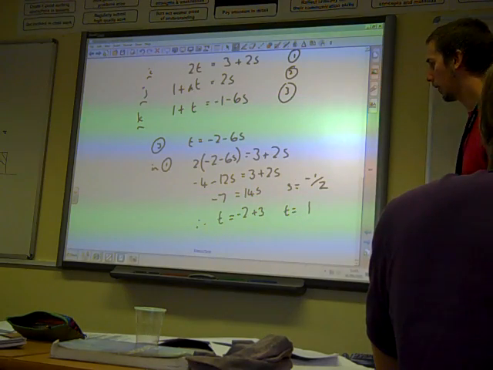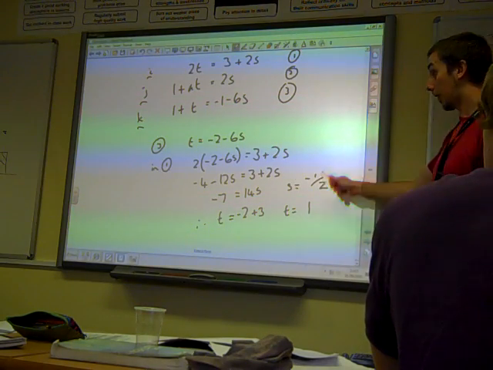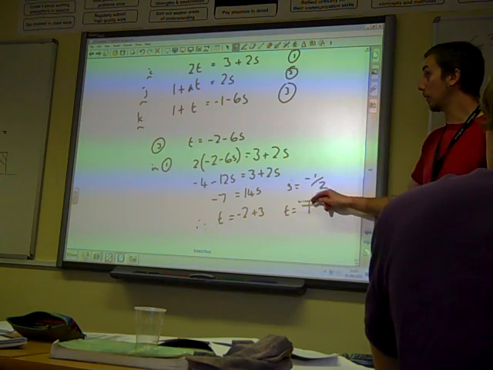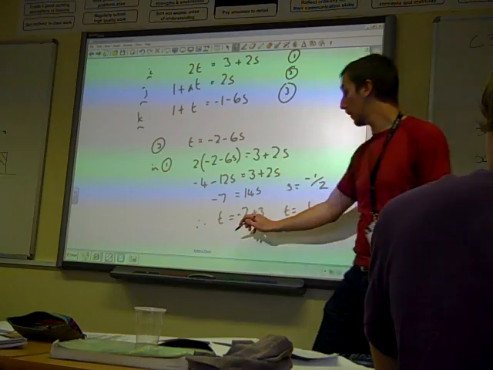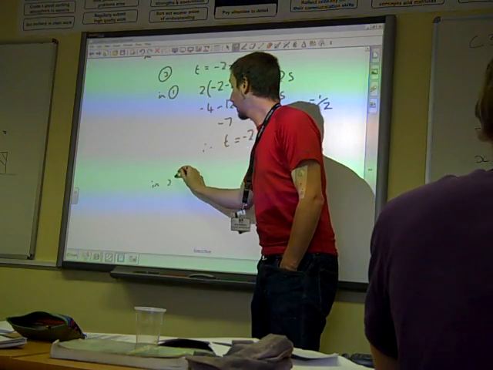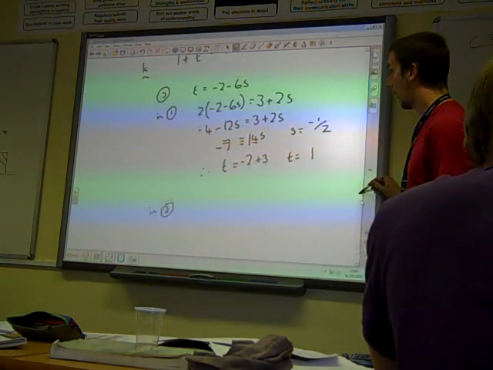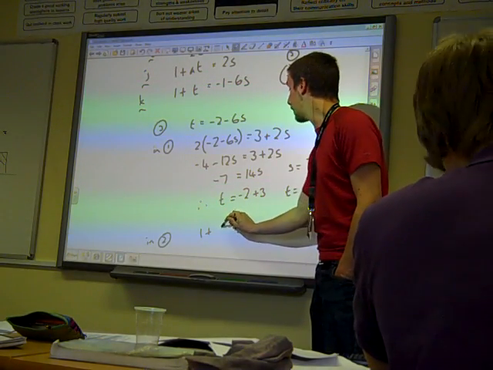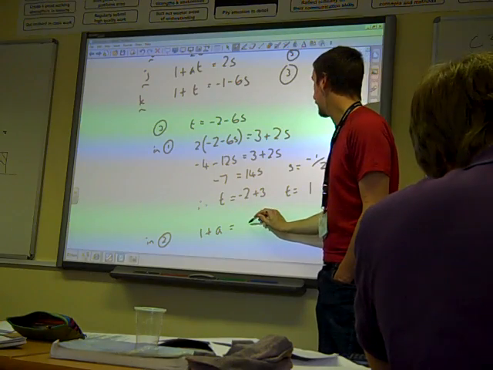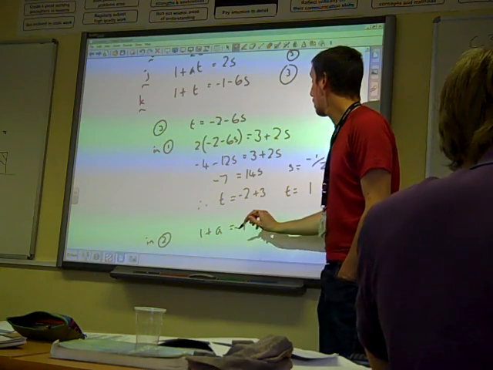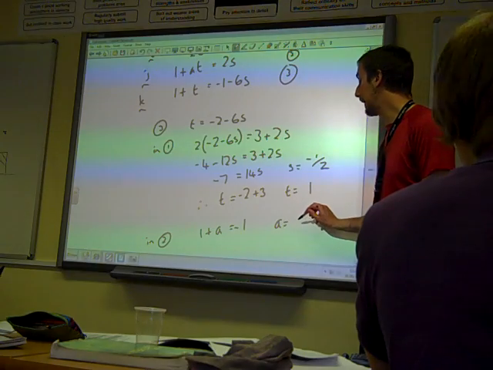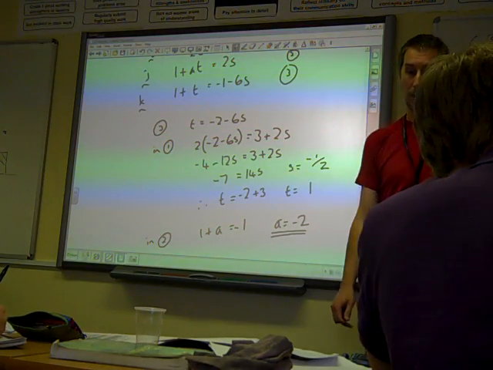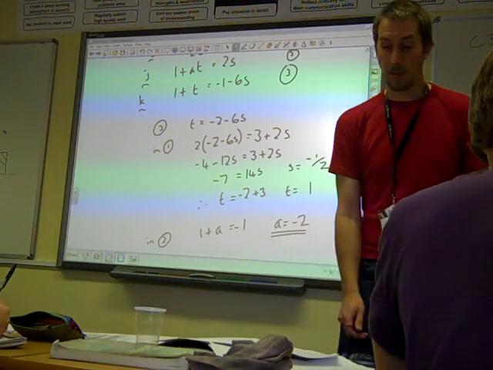So that's right. And because they intersect, these two values must satisfy equation 2. In equation 2, I have 1 + at = 2s, so I have a = -2 as my value at the point of intersection.